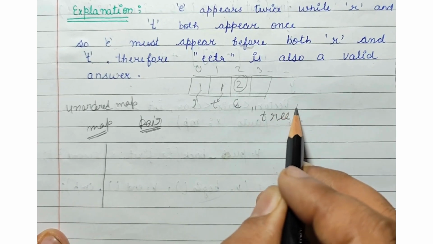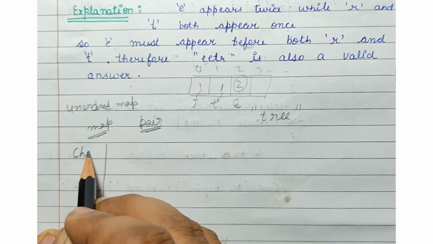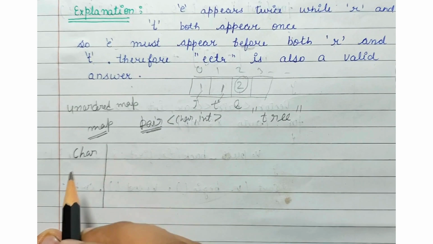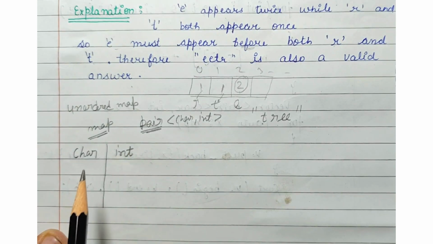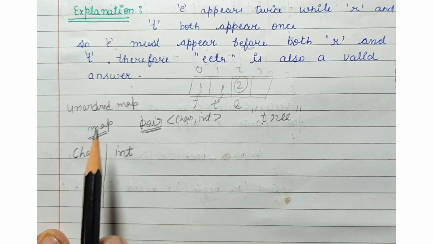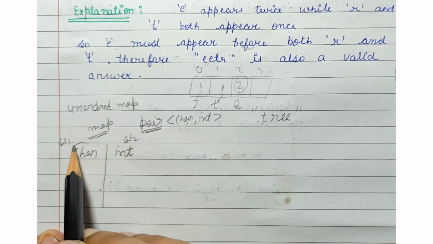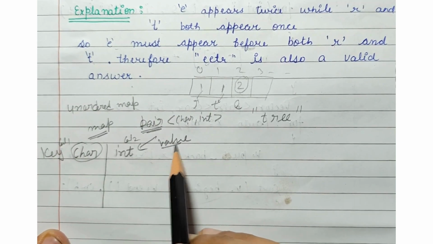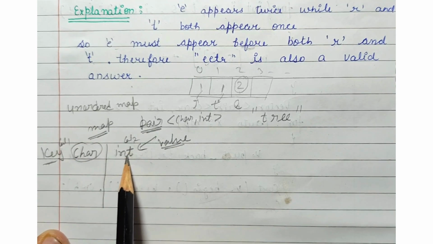Suppose the first character is T, so I create a pair of char and int. Char is my first column, int is my second column. The rule in an unordered map is that column 1 acts as a key and column 2 always acts as a value, or you can say column 1 represents the index and column 2 represents the value.